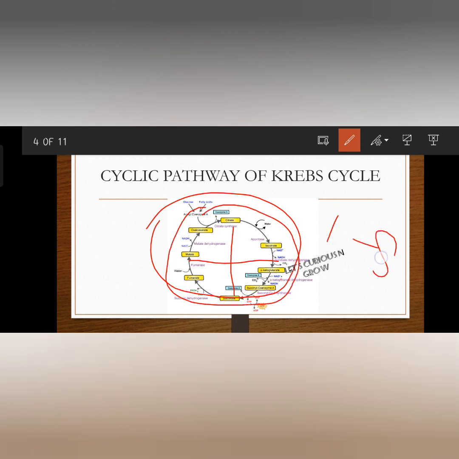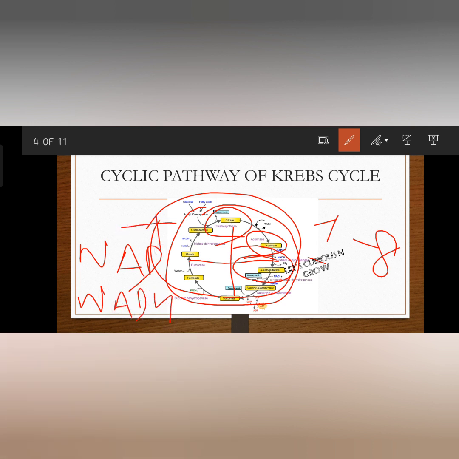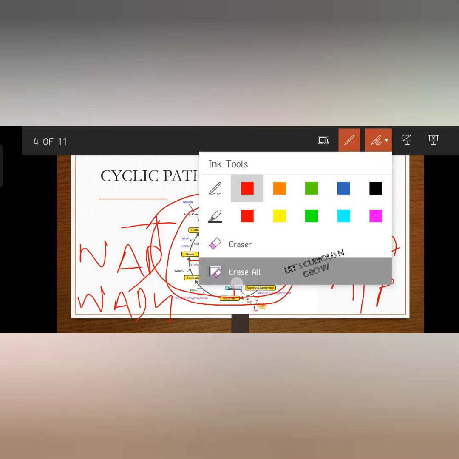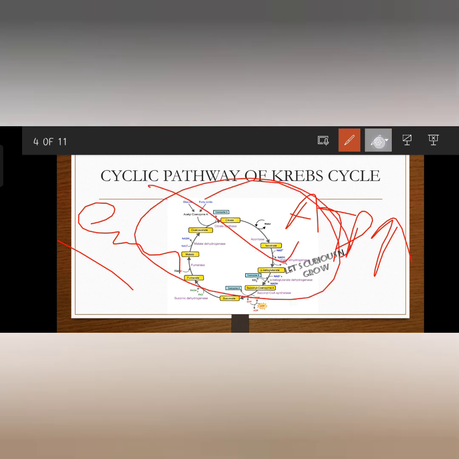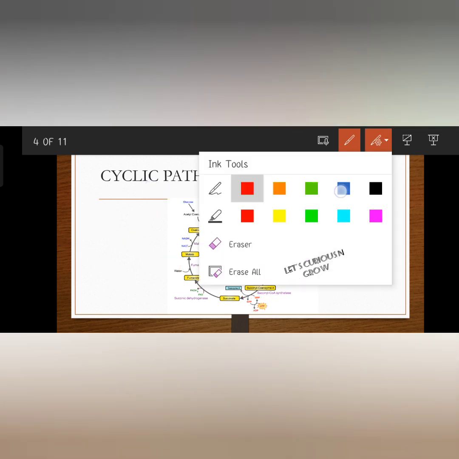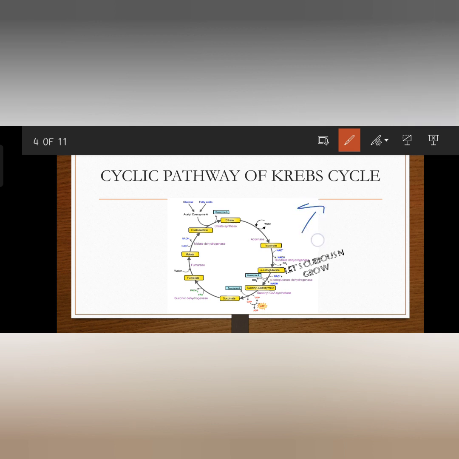So in this cyclic pathway you can see that all the steps have been discussed. This is the cyclic pathway, and these are the enzymes which act from step 1 to 8. These enzymes are helpful for producing NAD, NADH, and ATP from ADP, that is adenosine triphosphate.